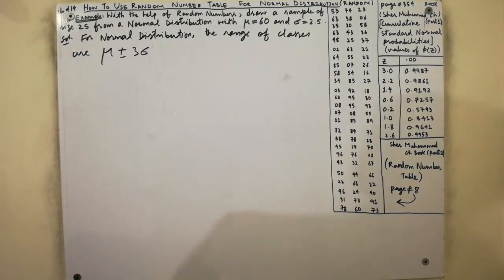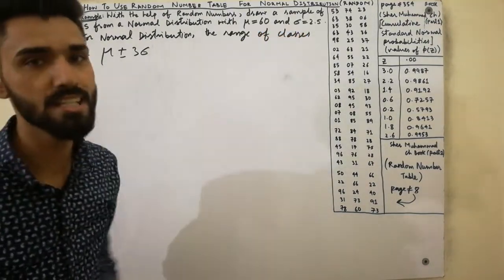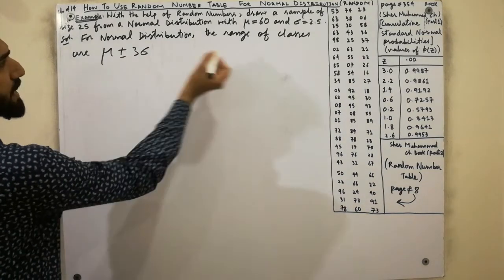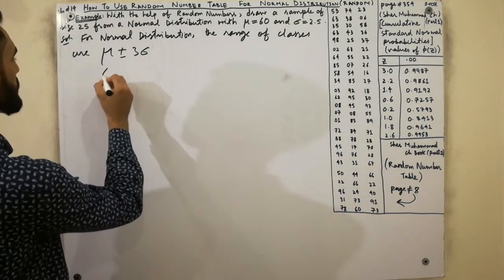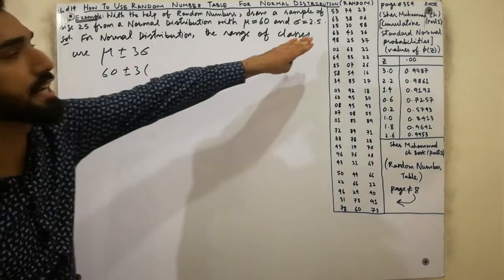Very simple step. But here, we are given mu is 60 and sigma is 2.5. I put those values here. Mu is 60 plus minus 3, as it is. Sigma is given here as 2.5.